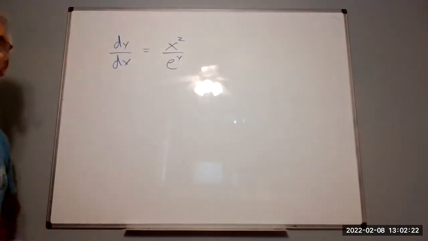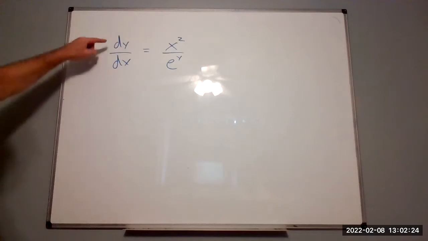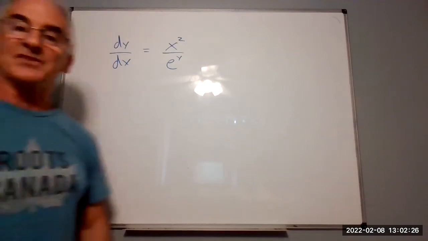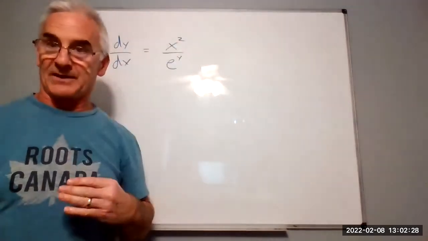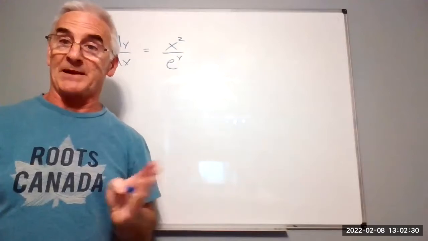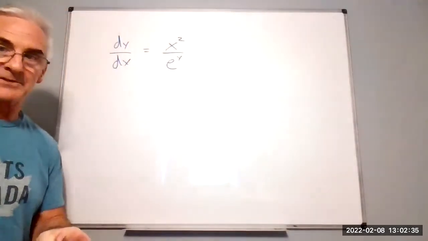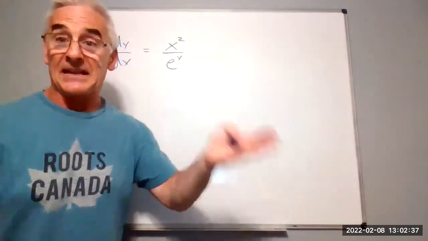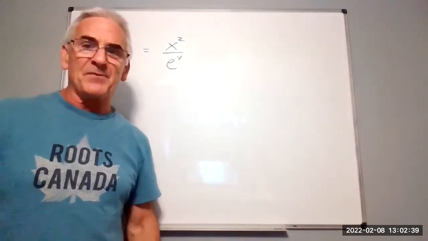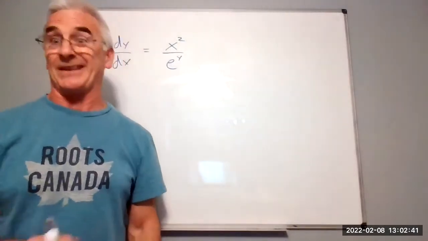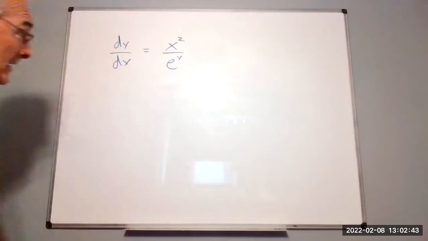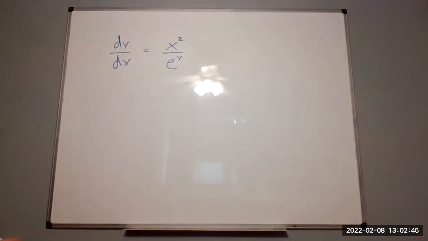I want to solve the following differential equation. Now, dy dx, that statement tells me y is a function of x. I'm differentiating with respect to x. So if it is possible, I would like to write my final answer as y equals, if it's possible. It may be difficult, in which case anything I can come up with is almost fair game. So how do I solve this?